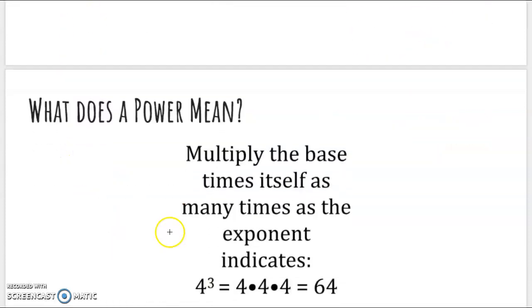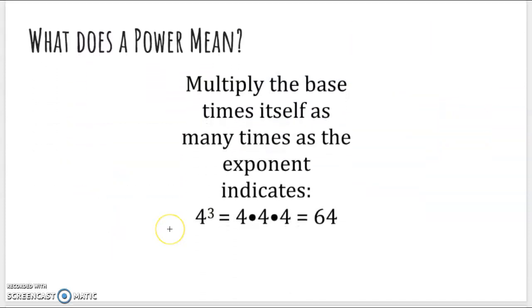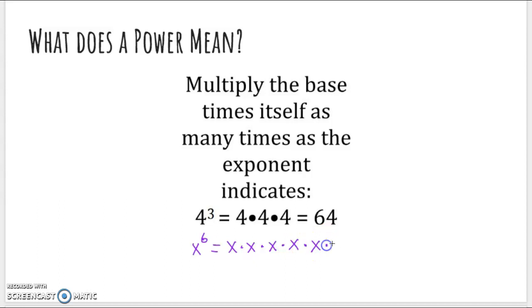All right, let's go ahead to this next one. And I'll also be pausing this video as you go so that you can get all your notes in. So what does a power mean? Power means that you multiply the base times itself as many times as the exponent indicates. So 4 to the third power means 4 times 4 times 4. If I do x to the 6th power, that means I multiply x times itself 6 times.